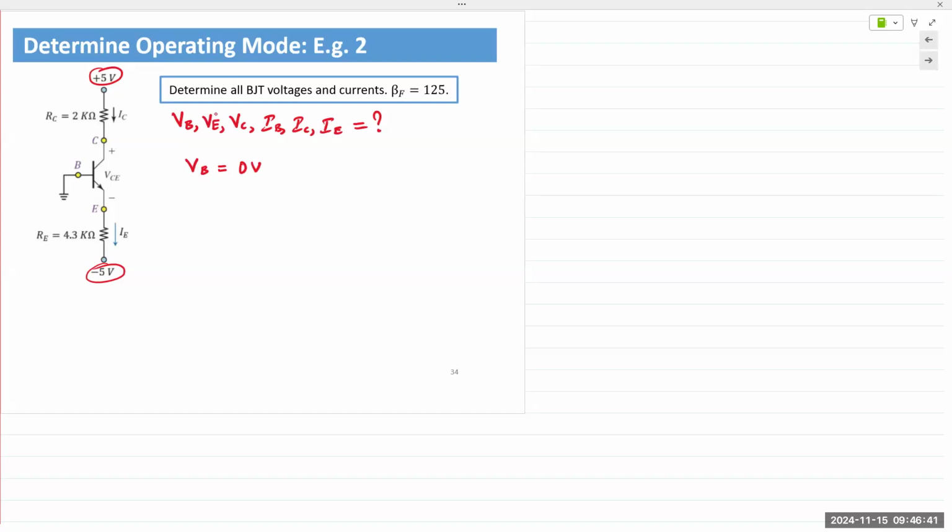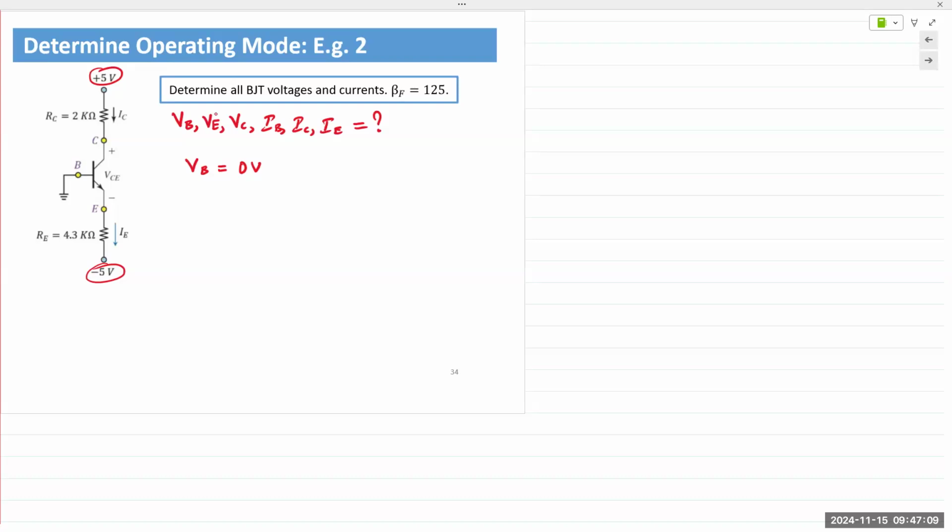Then I see that the emitter is connected to a negative supply via RE. I don't know whether it's active, cutoff or saturation, but my assumption for this junction is that the PN junction base to emitter is forward bias, because base is at 0 and emitter is connected to -5.